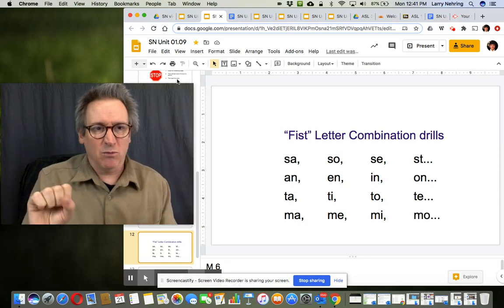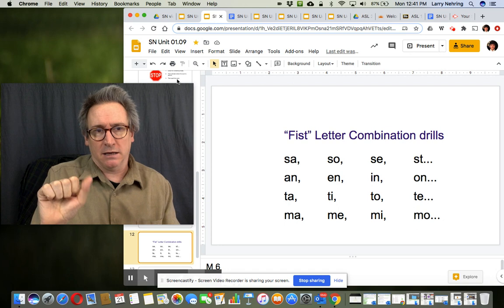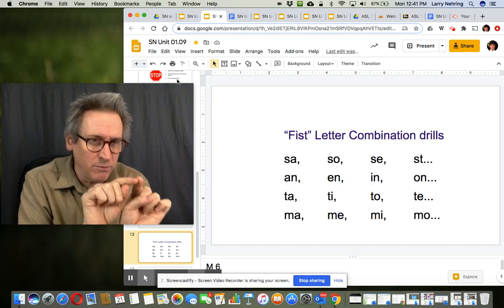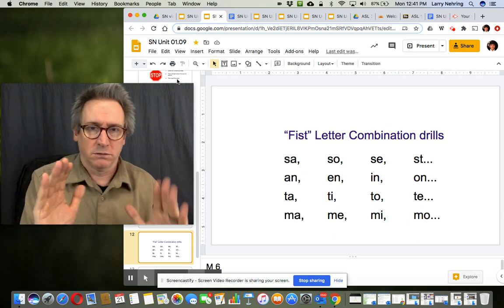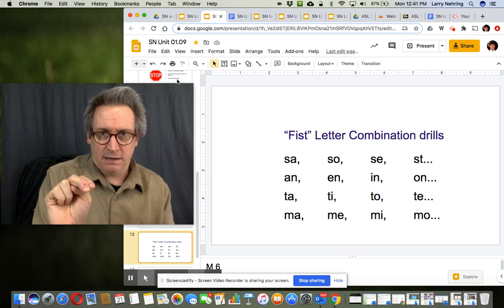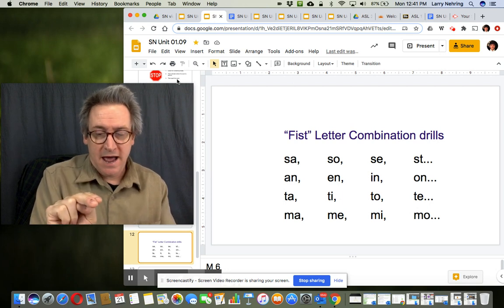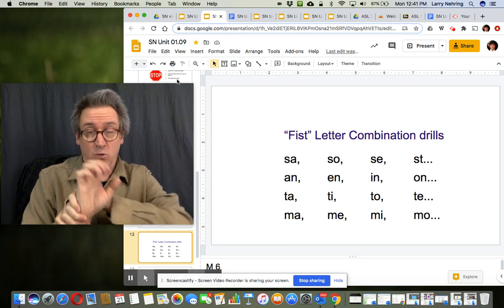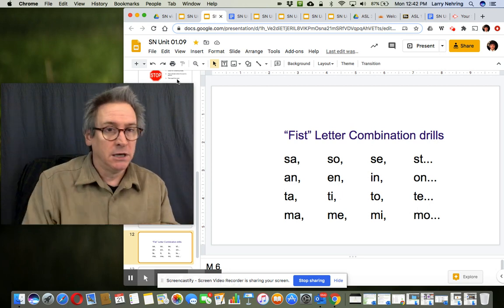That gets confusing. What you want, S-A, S-O, S-E, S-T, is find the most efficient way, the simplest way for moving one to the other, the least amount of work. A-N, E-N, I-N, O-N. And sometimes that means letting your wrist drift a little. That's great. You also want to keep very relaxed.